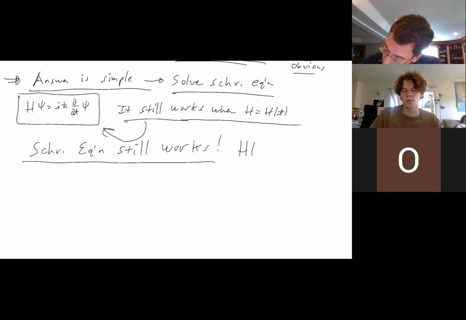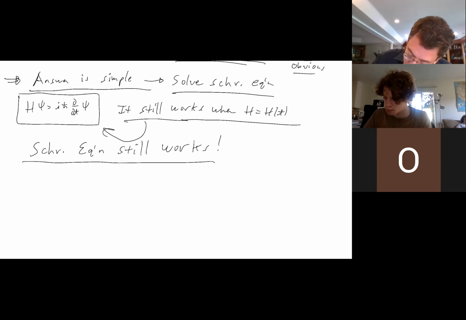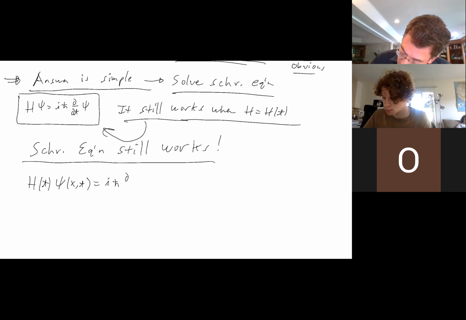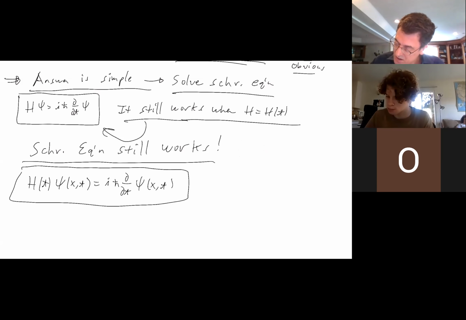So this is the Schrodinger equation now. We have H of t times psi of x,t equal to i h bar d/dt psi of x,t. So this is what we have to solve.